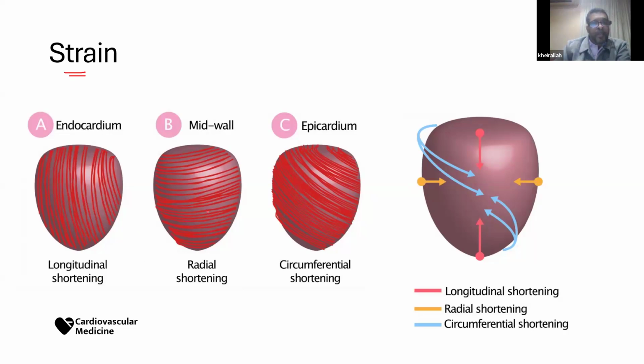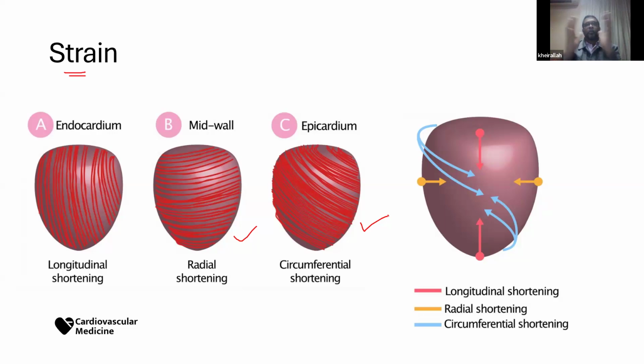Now, this muscle leads to contraction in a radial plane like this, okay? And this muscle leads to twisting and untwisting. So the heart mechanics is not as simple as we thought it is.